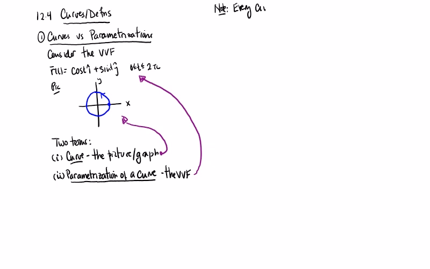So every curve has many parameterizations. Now, I'm going to abbreviate the word parameterizations with just params constantly because it makes it a bit easier. So let me give you an example.